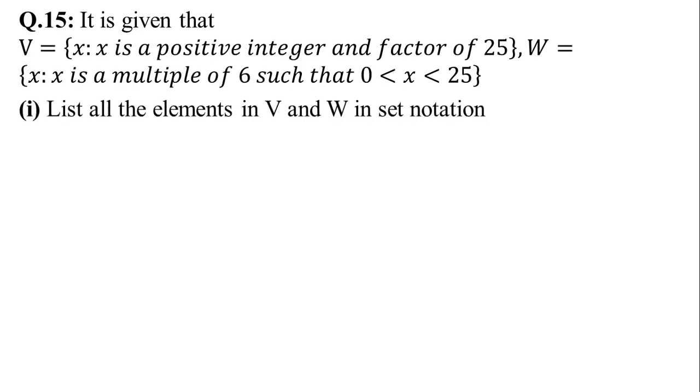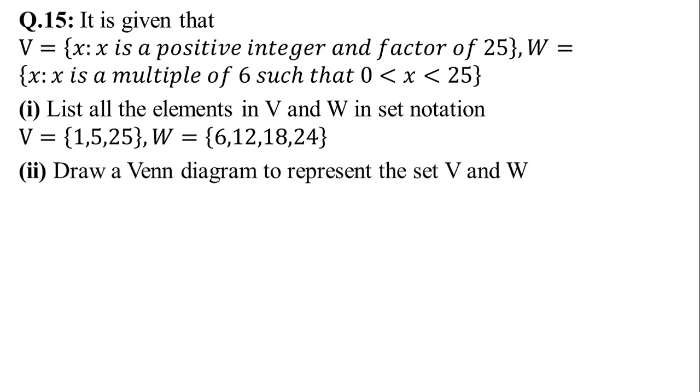Now in the first part, list all the elements of V and W. In this, V is equal to 1, 5 and 25, and W is equal to 6, 12, 18 and 24.